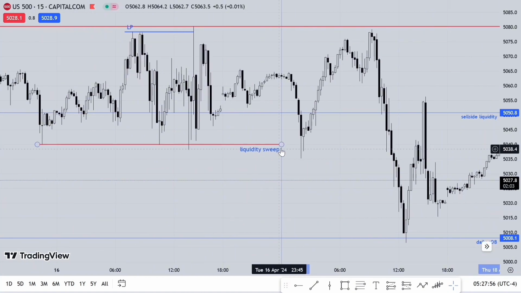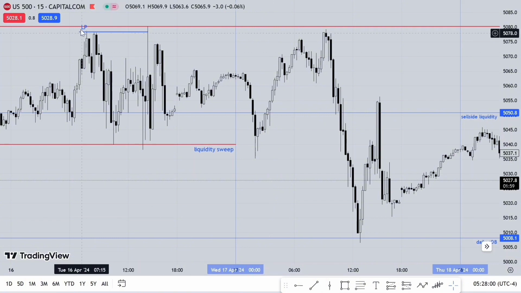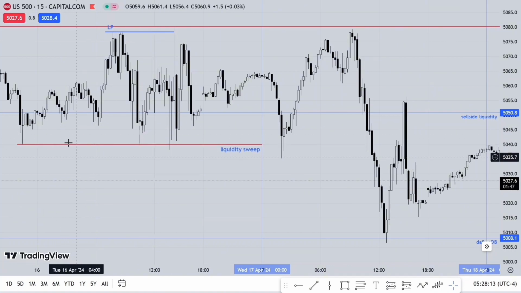From the 15-minute time frame, because this is a liquidity sweep, we are anticipating price to trade lower through this liquidity sweep. Because when price rallied higher here, they put their stop loss below this liquidity sweep, below the sell side liquidity.